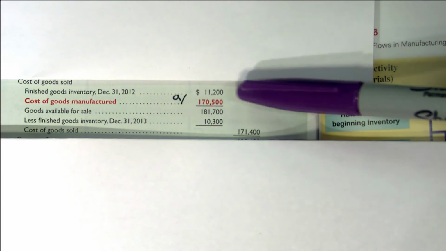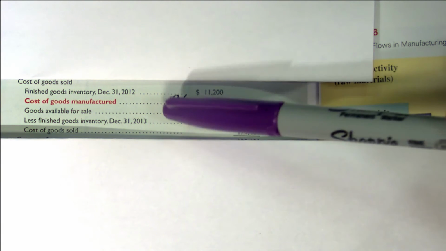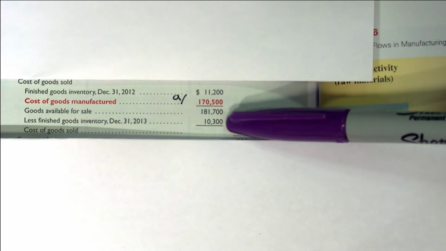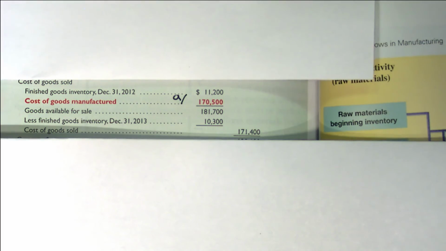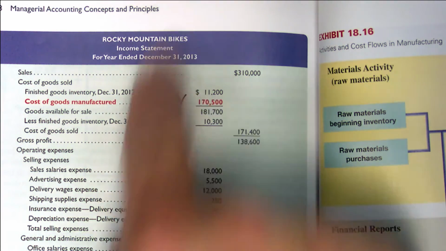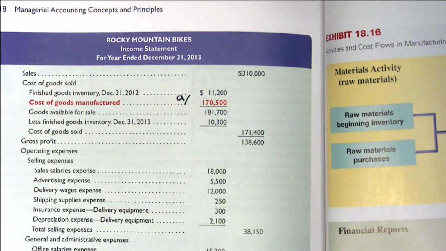The beginning inventory of finished goods plus COGM equals goods available for sale, less finished goods inventory equals cost of goods sold. Isn't that it? And of course, where do we find cost of goods sold? We find it on the greater part of the income statement. Correct? So does that make sense?